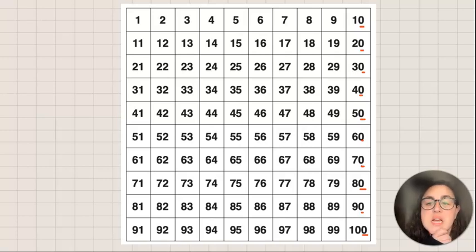Okay, so when I think of 10, 11, then when I think of 12, I hear "t, t, 12." It kind of sounds like "t, t, 2." So that's one strategy that I use to help me remember that 12 is 1 ten and 2 ones. Then we have 13.